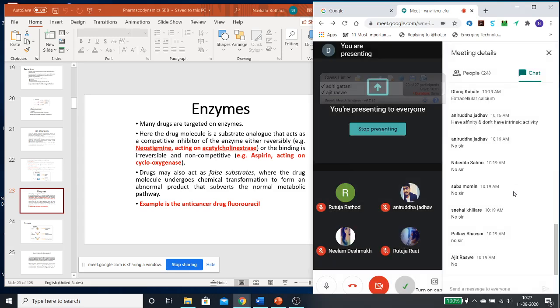Then next, there are drugs which may act as a false substrate. Although the word used is inhibitors, what happens is they are actually acting as a false substrate, just like we have seen in the case of receptors. Similarly here, suppose the enzyme is a car, and in it there are 4 persons sitting.